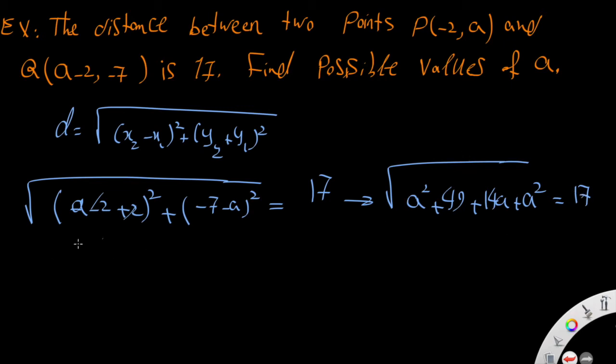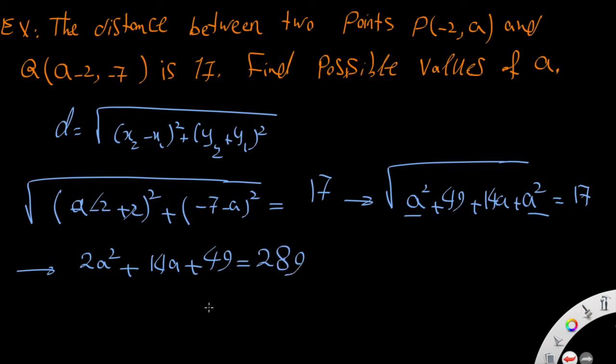So to get rid of this radical, I square both sides. So it will be 2a squared, these two are like terms, plus 14a plus 49 is equal to 289. Then you have a quadratic equation. When you transfer to the other side, all are divisible by 2. I divide it by 2.